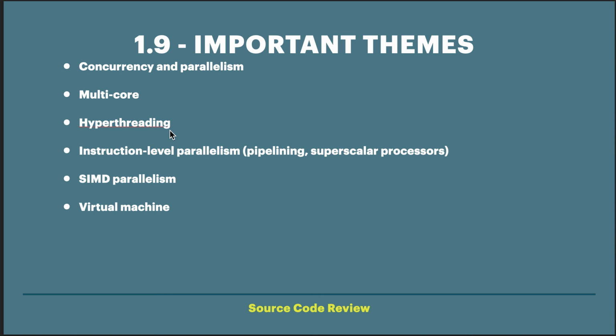So that's hyperthreading. Instruction level parallelism is where instructions are being executed in parallel. So what does this mean? Well, first, when we go through an instruction, what usually happens is you fetch the instruction, you decode the instruction, and then you execute the instruction and output it or display it or whatever, right? It follows this pattern.